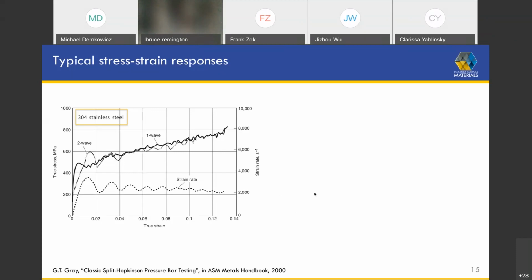People have played games where these dispersion effects become much lower if you use thin-walled tubes, because the inertia in that case is dominated by the thickness dimension of the tube rather than the diameter of a solid rod. So it's all in analyzing the dispersion at that contact between the striker and the incident bar.